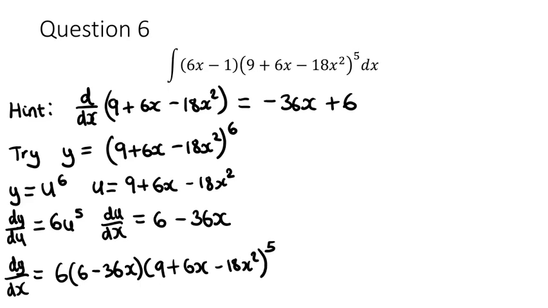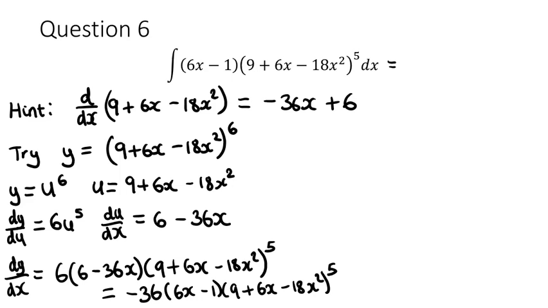And then what we can notice here is that 6 minus 36x, if you take out a factor of minus 6, so do 6 times minus 6, I'm left with 6x minus 1 in the bracket there. So when I try 9 plus 6x minus 18x squared to the power of 6, I almost get the answer, but there's an unwanted minus 36 there.